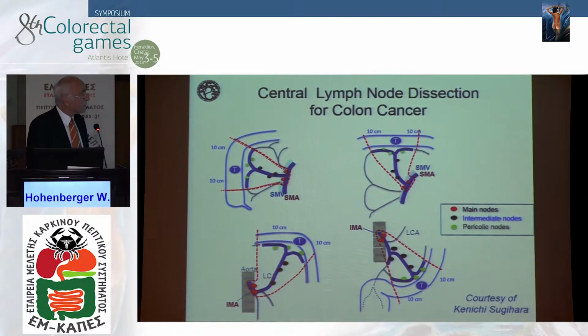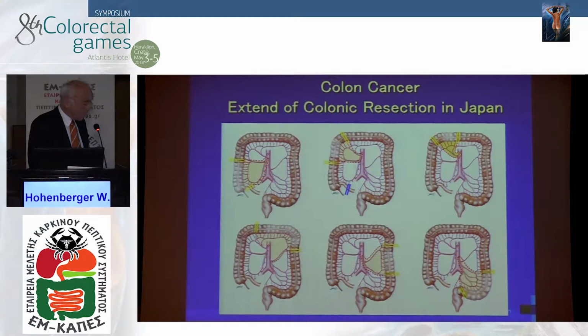The Japanese resect less, and they resect 10 centimeters of the colon to either side, and therefore they create almost segment-like resections like here, hepatic flexure, just the middle colic artery. You see they include the right colic artery too in the sketches.